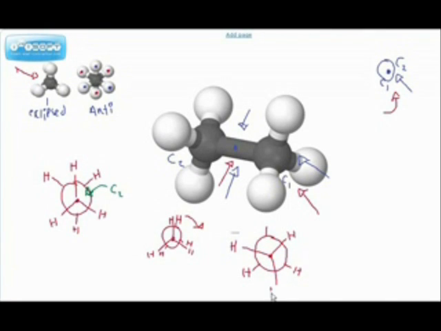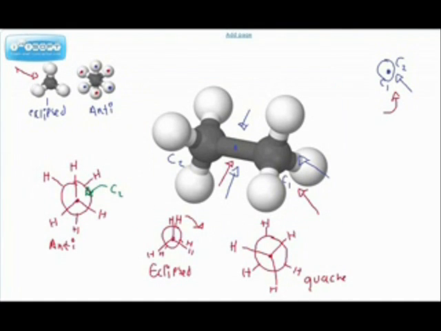In that manner. So this is the anti-conformation. This is the eclipsed. And this is the gauche, spelled G-A-U-C-H-E, I believe.